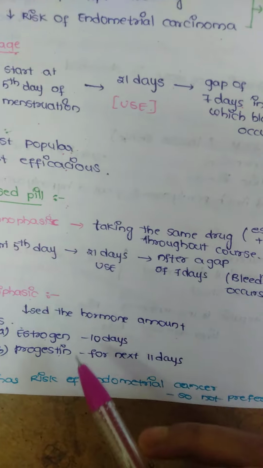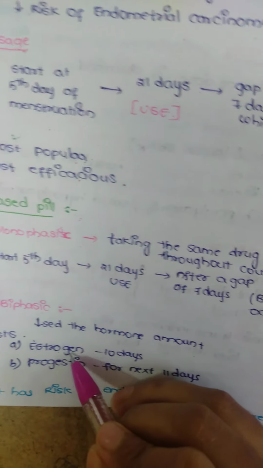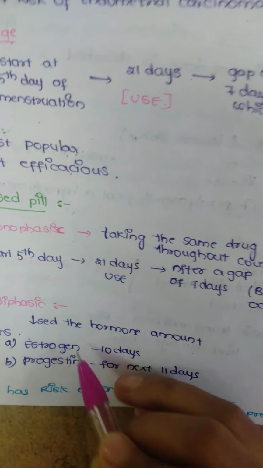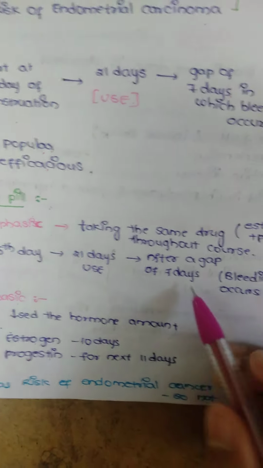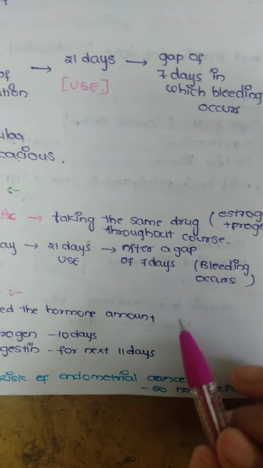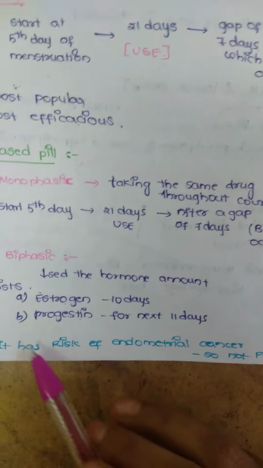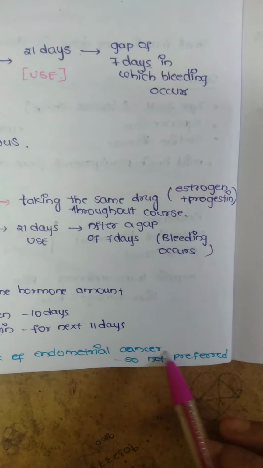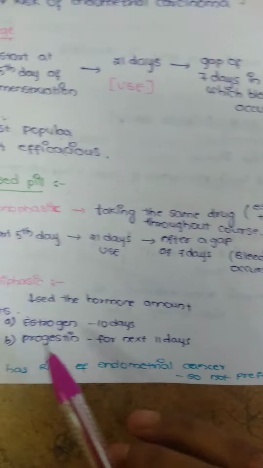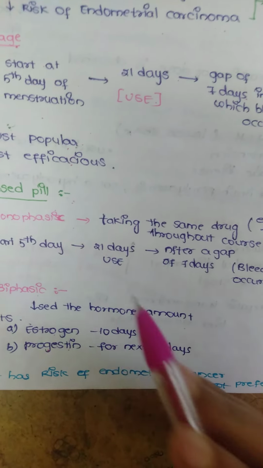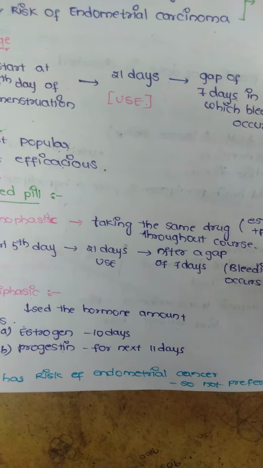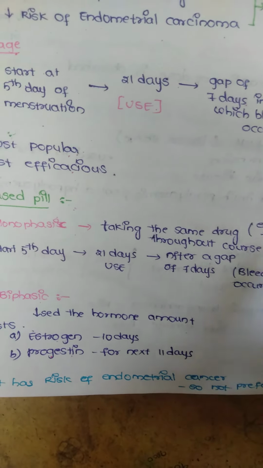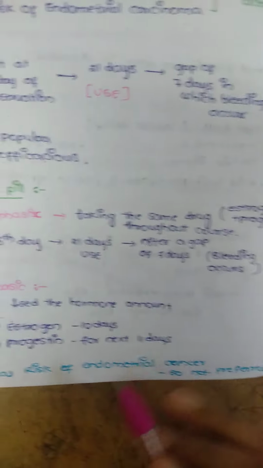In biphasic ones, for the first 10 days we take the estrogen component, and the next 11 days we take the progestin component, and in the bleeding period we should not take any tablet. It has risk of endometrial cancer, so it is not preferred. When we take estrogen single handedly, it will cause endometrial cancer or carcinoma, so we should not take like that. So it is not preferred.